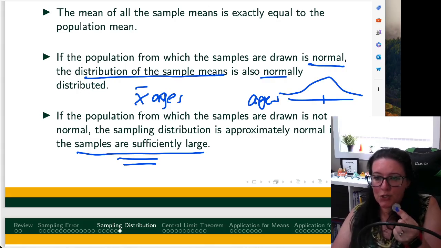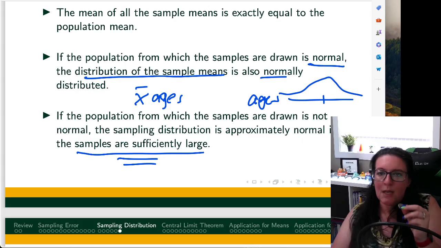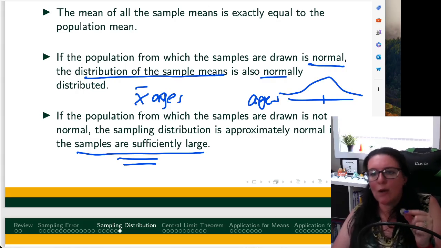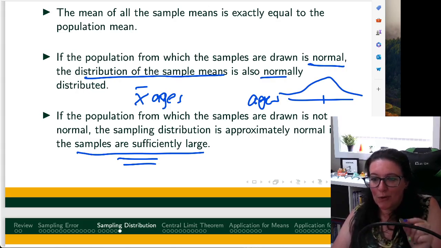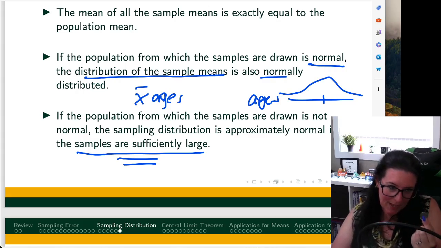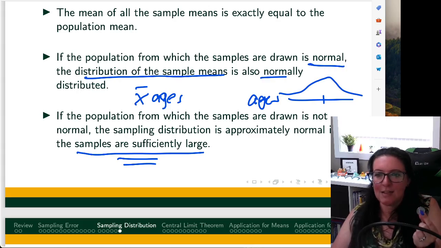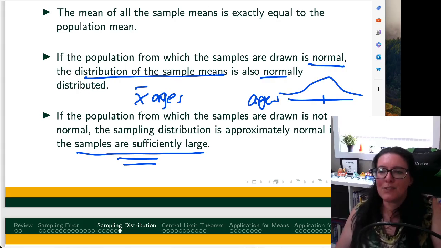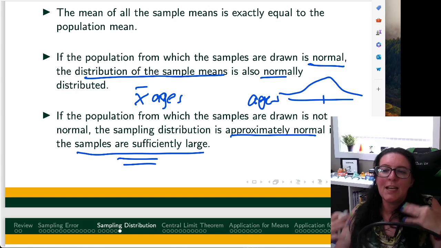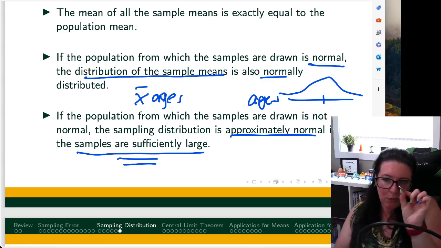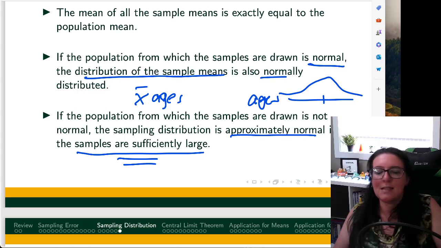So the number of heads in our coin tosses, that's not a normal distribution. It's a binomial distribution. However, for our population parameter and our sample statistics, if we're looking at proportions, percentage of heads, if we have big enough sample sizes, then we can start to approximate a normal distribution, even though the underlying distribution for the original data is not normally distributed.